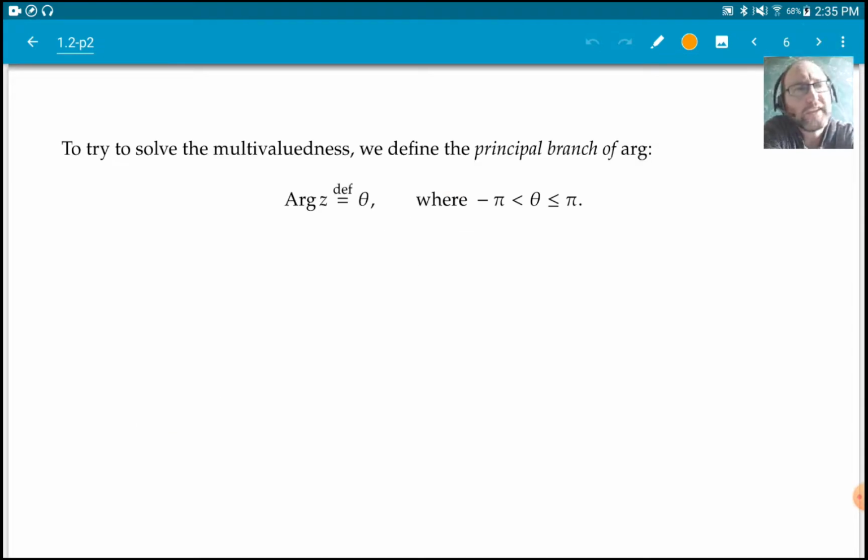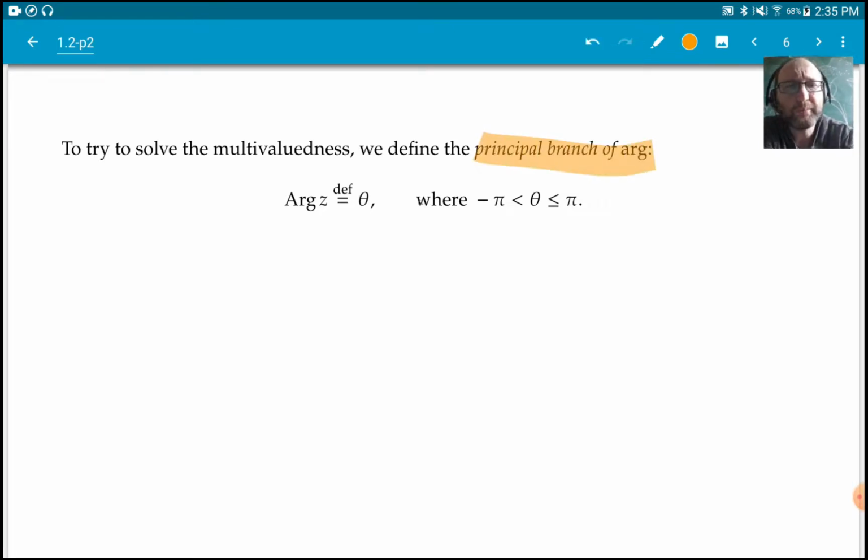All right, now one way to try to solve this multivaluedness, and we'll see more ways to do it, because it is a problem for certain computations. It's not always the best way, but we try something called the principal branch of the argument.